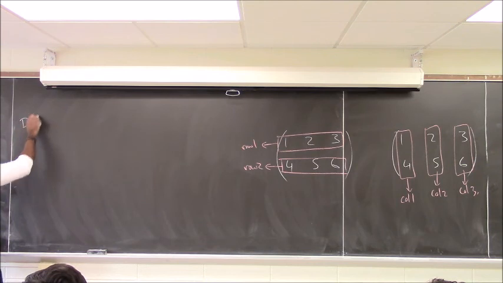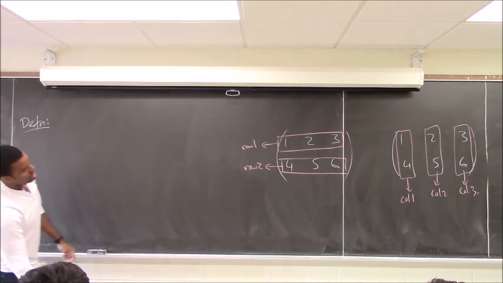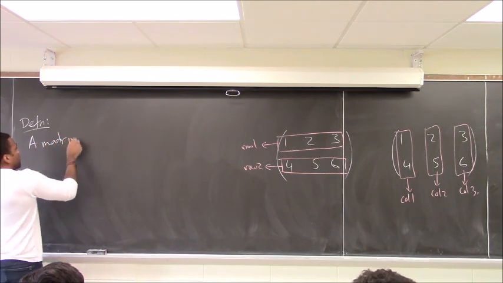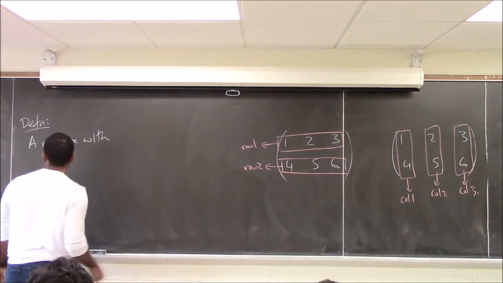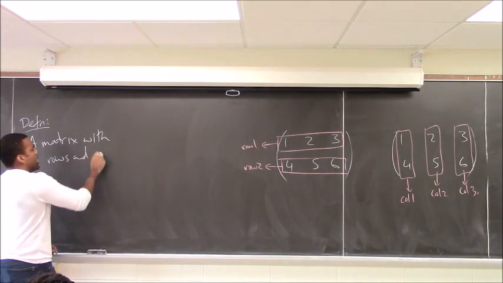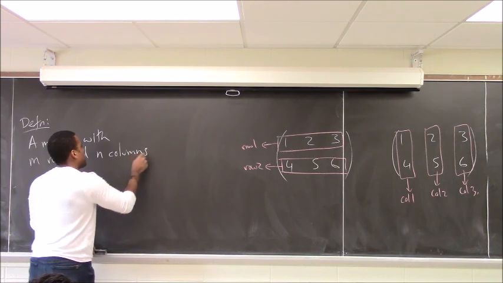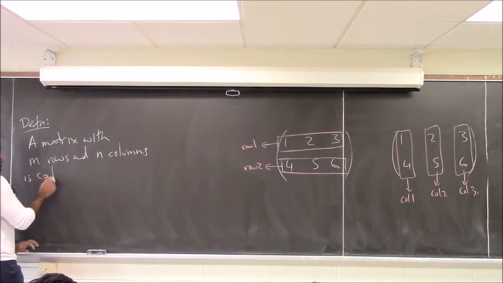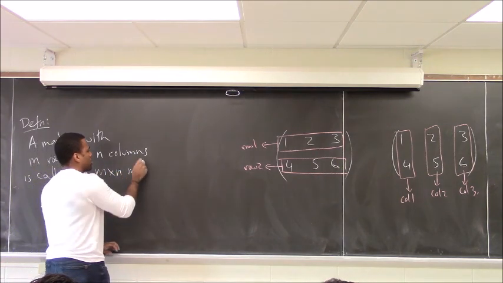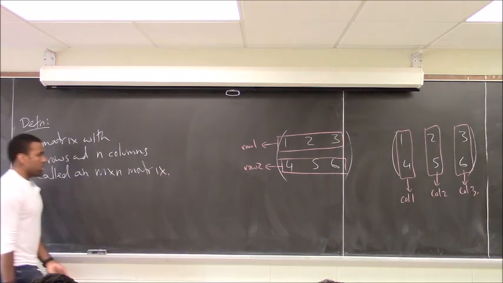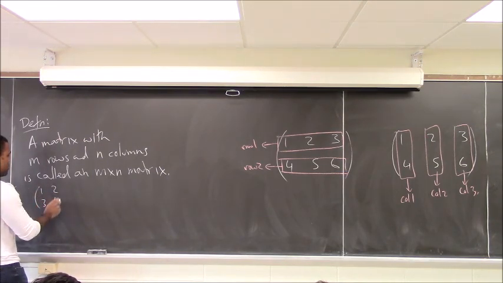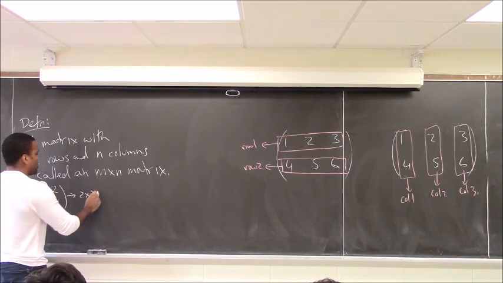Other definitions. A matrix with m rows and n columns is called an m by n matrix. So you state the number of rows first, the number of columns second. So if I have 1, 2, 3, 4, this is a 2 by 2 matrix.